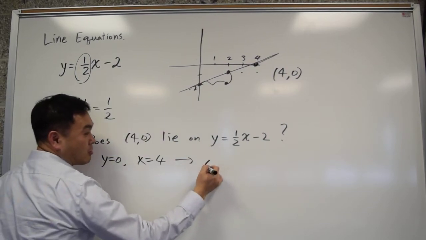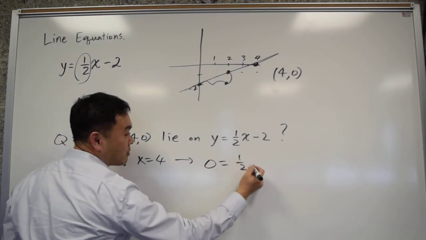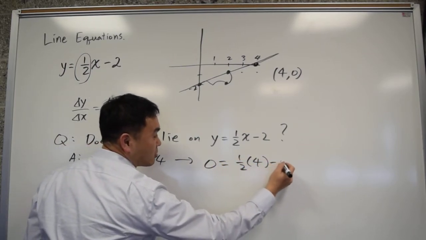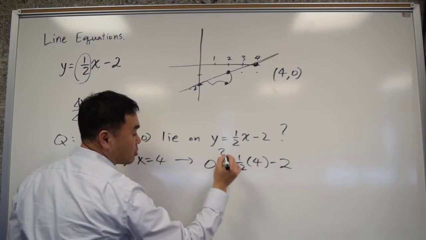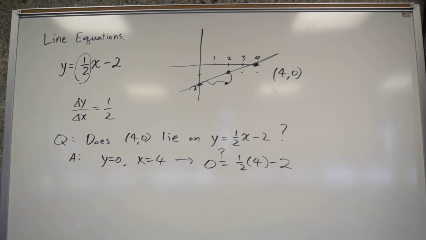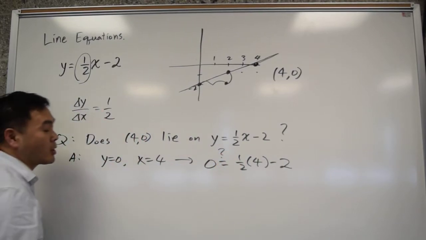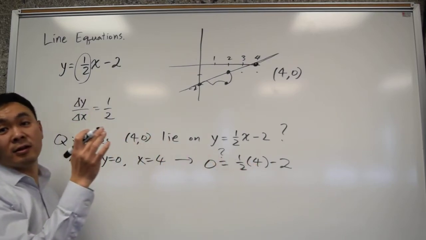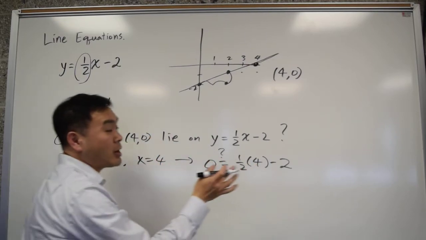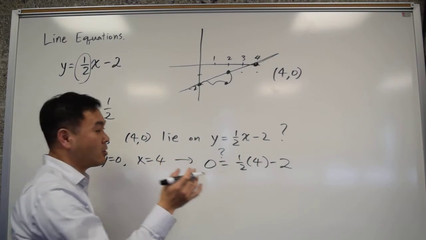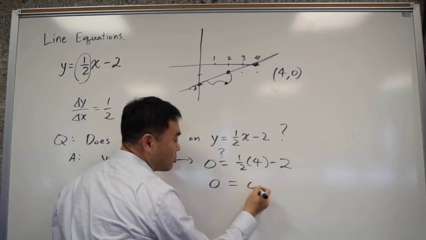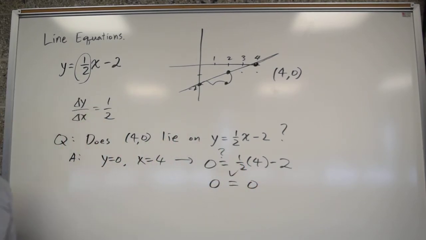So it means you have 0 equals 1/2 times 4 minus 2. And basically the question is whether this equation is satisfied, right? 4 times 1/2 is what? 2. 2 minus 2 is? 0. So 0 equals 0. Check. It does work, okay? What does that mean? The point is on the line. Okay, good? All right.